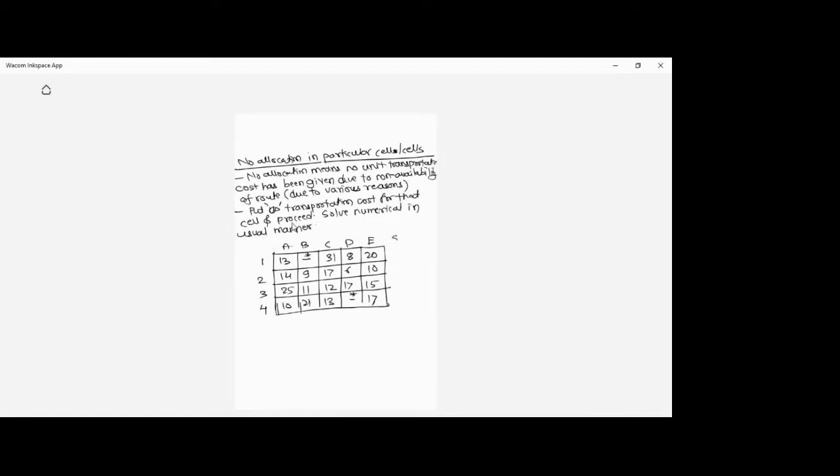The supplies and the demands are also given to us. The supplies are 200, 175, 150, 325. Next, the demands are 110, 90, 120, 230, and 160.